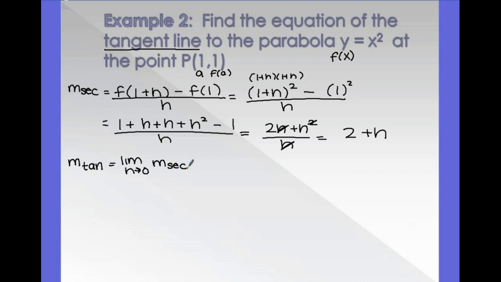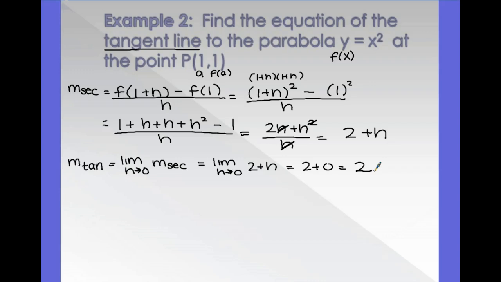We just said the slope of the secant was 2 plus h, so we take the limit as h approaches 0 of 2 plus h. When you plug in 0, we get 2. So the slope of the tangent at point (1, 1) on the curve x squared is 2.